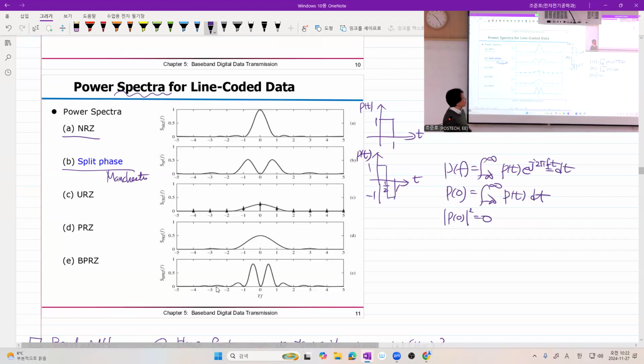So as you see here, depending on the pulse shape, you have different power spectral density. And if you compare this one directly, the pulse shape for Manchester code must have larger bandwidth. This is very vague at this point, but as you can qualitatively see, for example, let's focus on negative 1 Hertz to positive 1 Hertz.